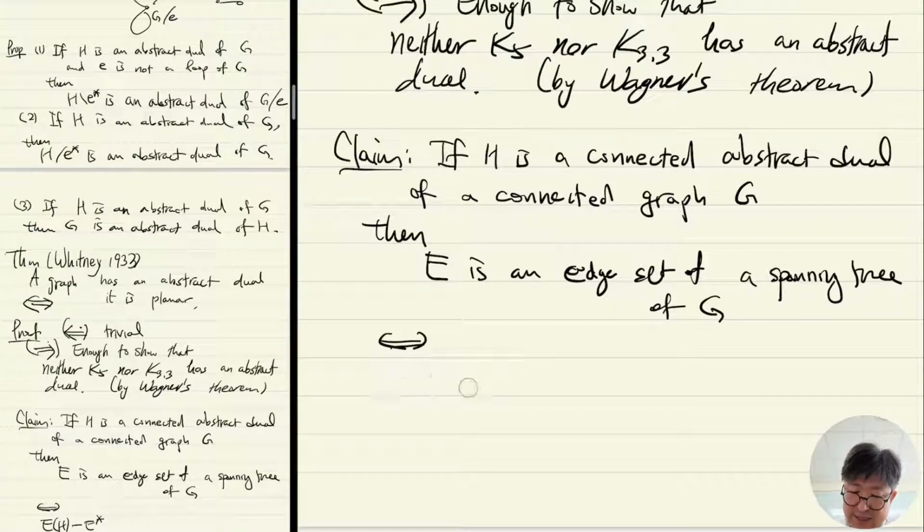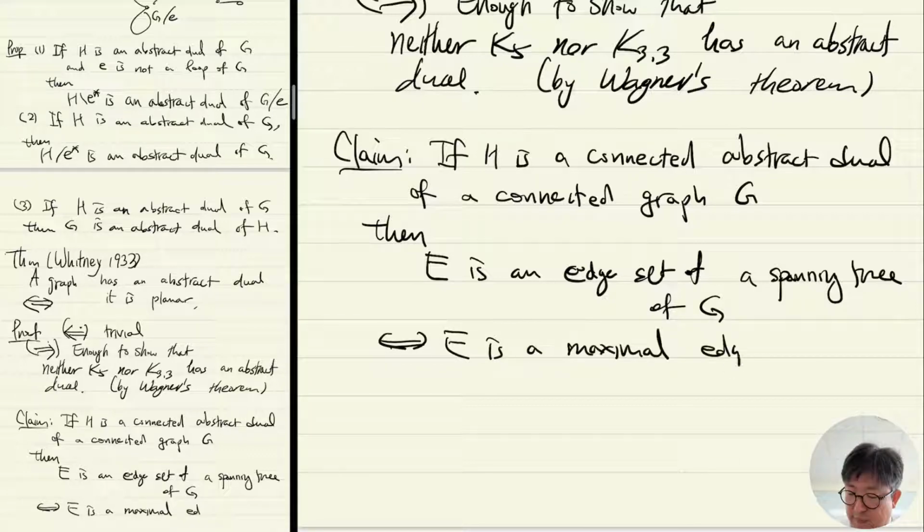Okay, let's see what happens. Something is an edge set of a spanning tree. What does that mean? That means it's a maximal edge set not containing any cycle.